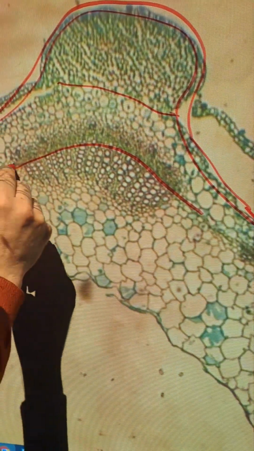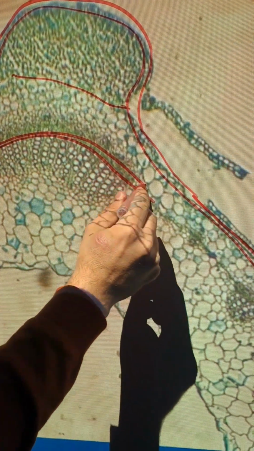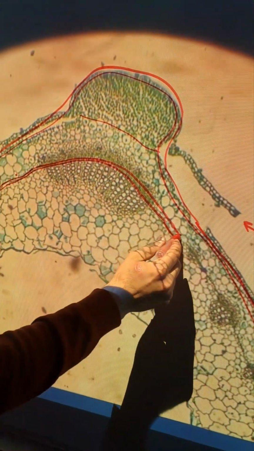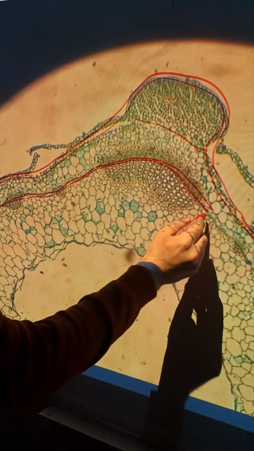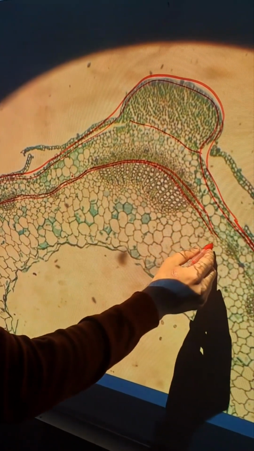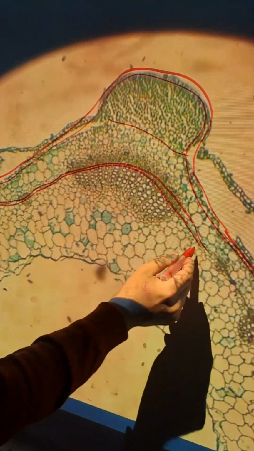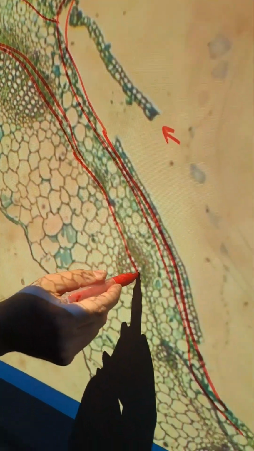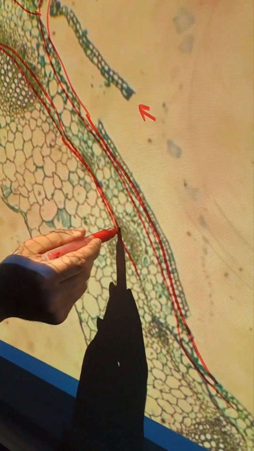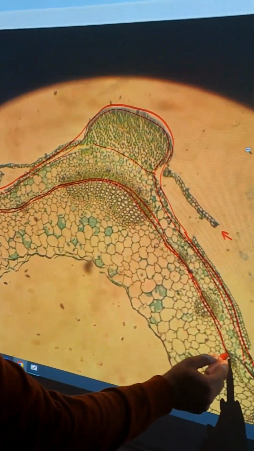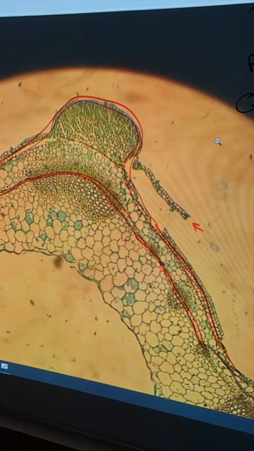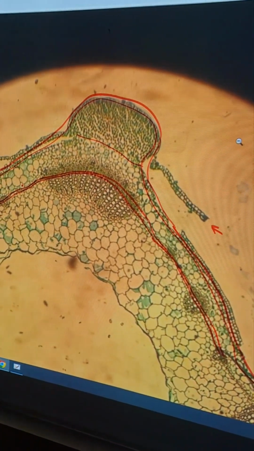If you are familiar with the transverse section of a dicot root, that would help you in understanding this slide. And this line right here is the endodermis. Remember that we are drawing only a quarter of the specimen.